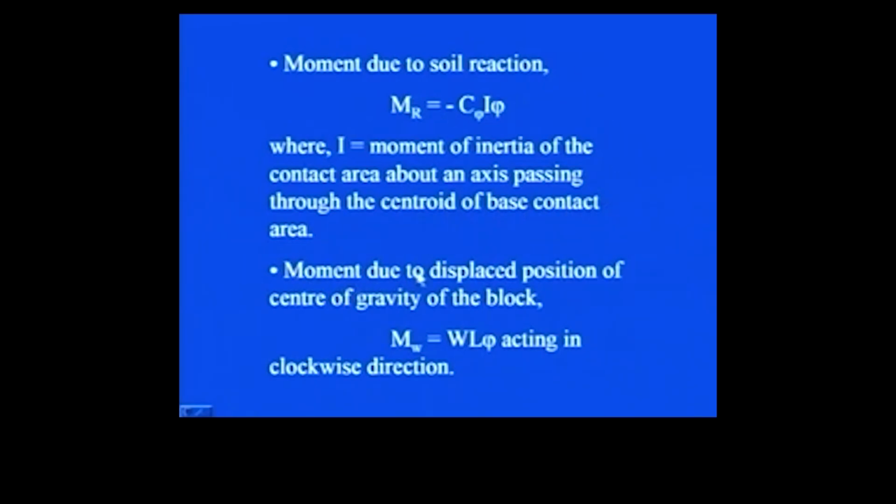Then, the moment due to the displaced position of the center of gravity of the block is M_W, let us say, equal to W into L into phi, which is acting in the clockwise direction. That is why we are putting it with a positive sign here. However, for the soil reaction we put that negative sign, which means that it was acting in the anti-clockwise direction.